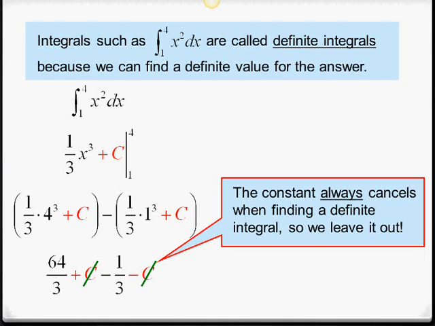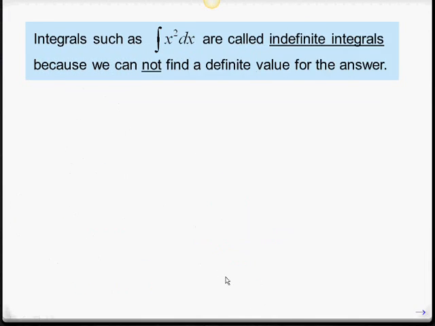Our c's always cancel, so we don't even deal with the c's. Normally when we're evaluating definite integrals, we don't even care about putting the plus c here because of that minus symbol, they will always cancel out. So we get our answer to be 21.